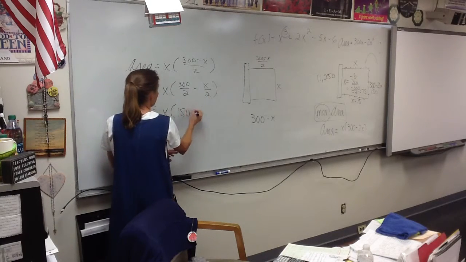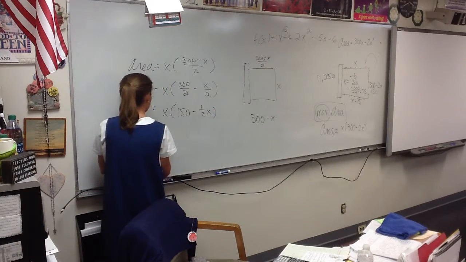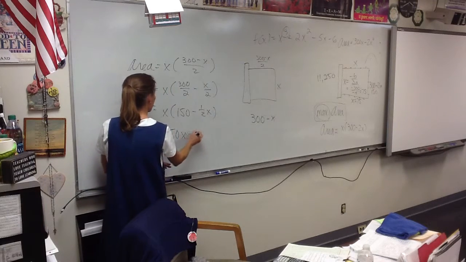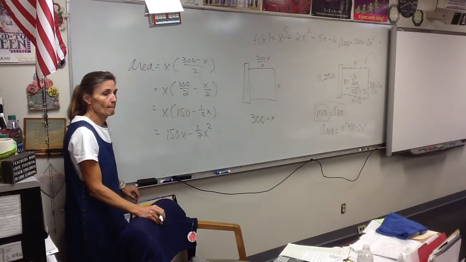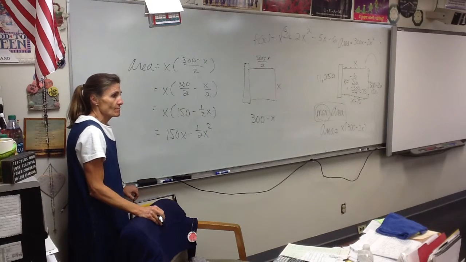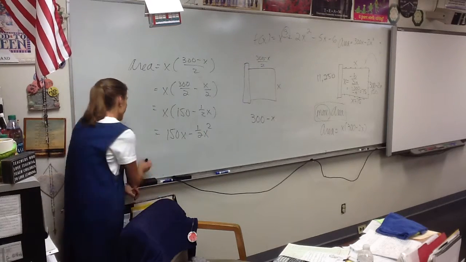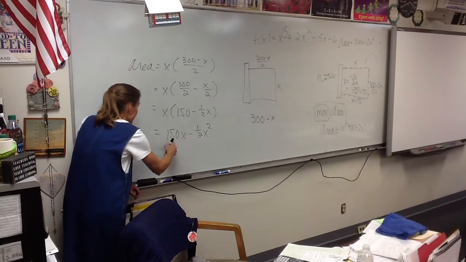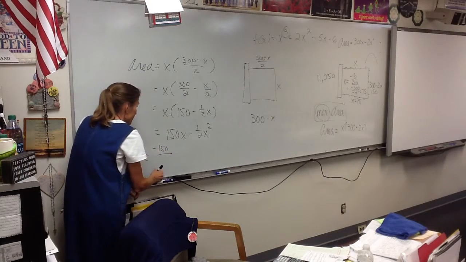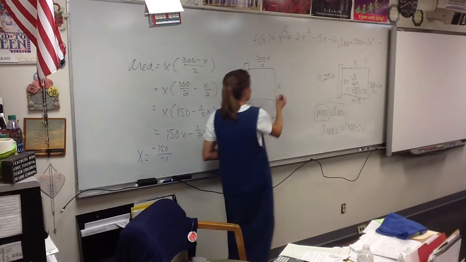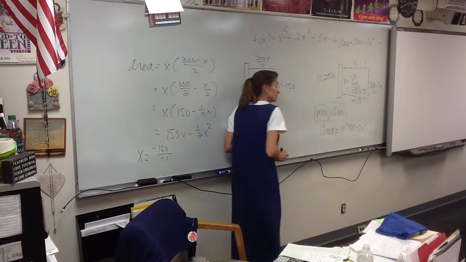So 150 minus 1/2 x. So that's going to give me 150x minus 1/2 x squared. Negative b over 2a. Negative 1. So that x is 150.